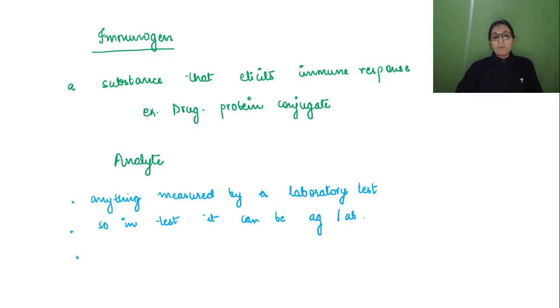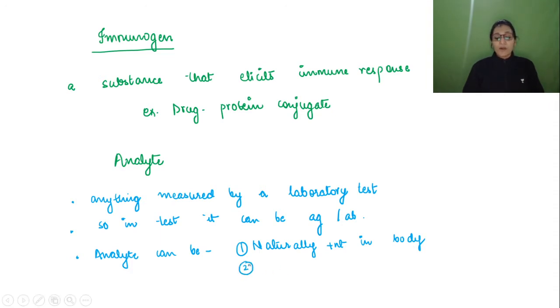The analyte being measured may be normally present in the body, produced by the body but not typically present, or not naturally occurring in the body. It can be anything. So what can an analyte be? First, naturally present in the body, like a thyroid hormone.